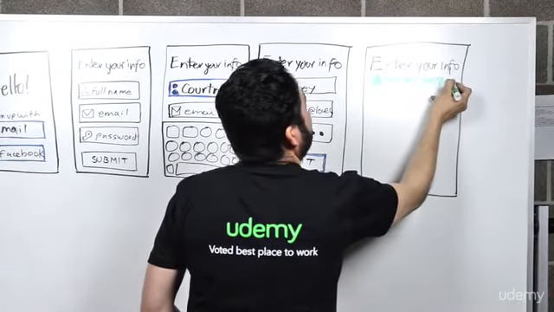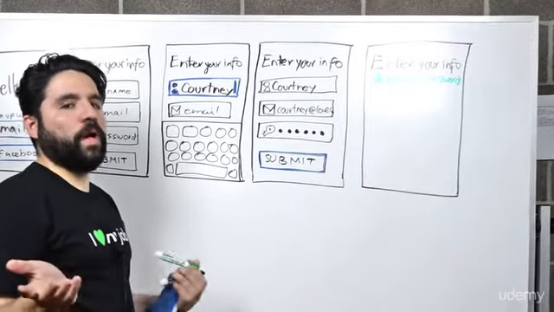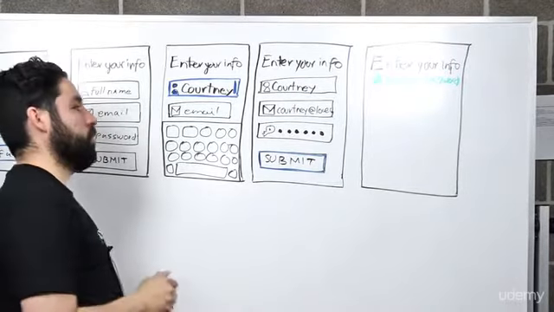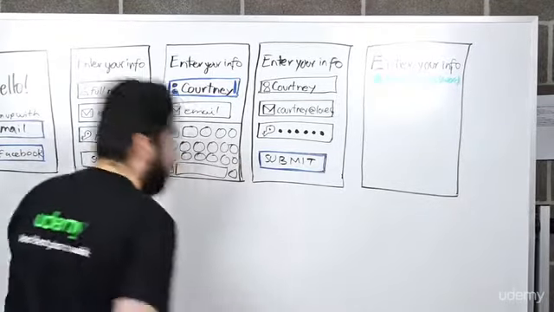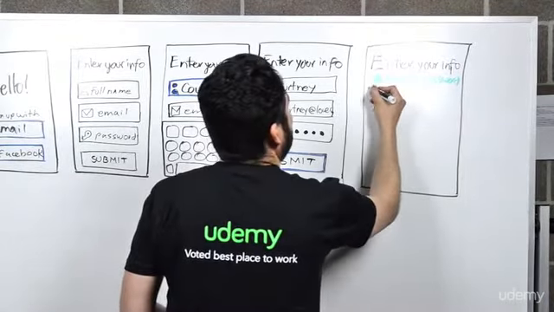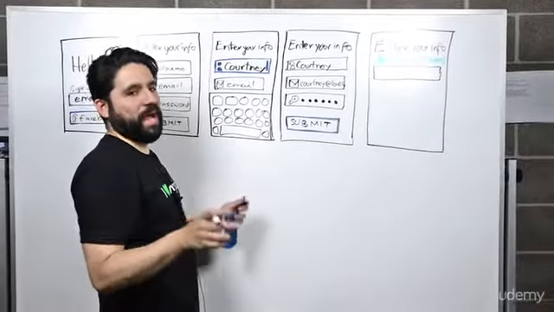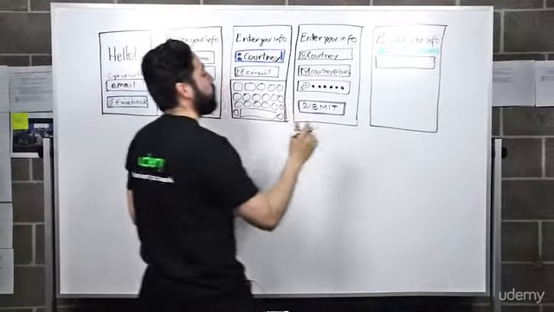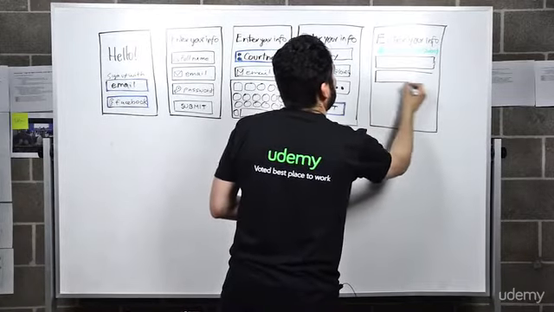I hate it when I get these error messages, and it's usually because they don't tell you what the rules of the password are. We should decide for that, but not right now. But if you have the opportunity, whenever you're designing an app and a sign-up flow, be sure to add whatever the password rules are there. Your users are going to love you for that.